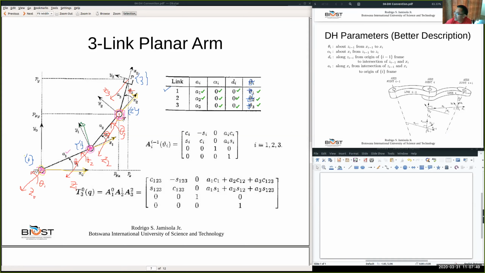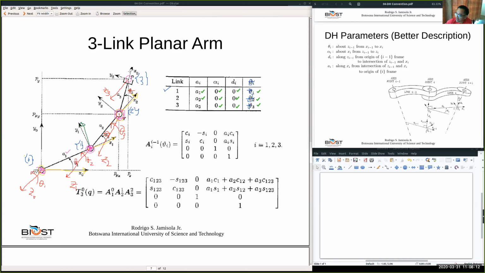Okay, intersection of Z2 and X3 to the origin of frame 3. Origin of frame 3 is this. Okay, and you are along X3. From this intersection of Z2 and X3, to this point, the origin of frame 3, along X3.